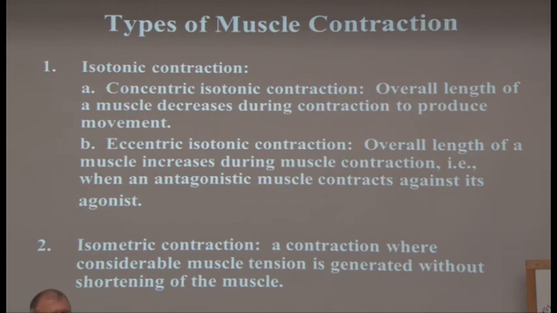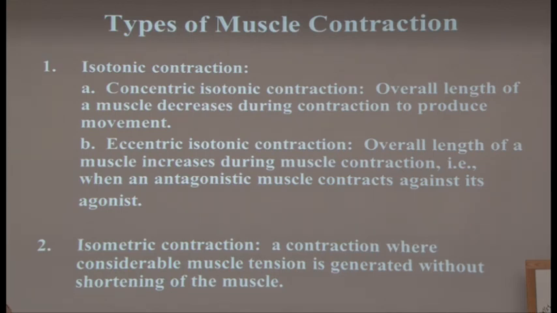Okay. So now, what if we took the word contraction and redefined it to what's actually going on within a muscle cell itself? What's actually going on in a muscle cell that allows the muscle to shorten? Actin and myosin are combining, right? And we're using ATP to actually pull the actin toward the center of the sarcomere.